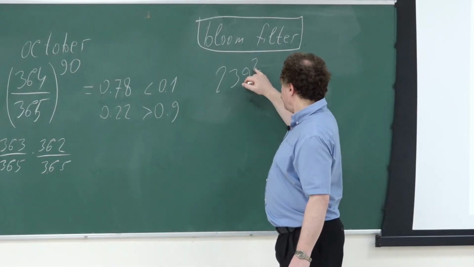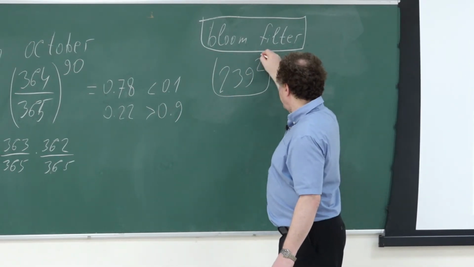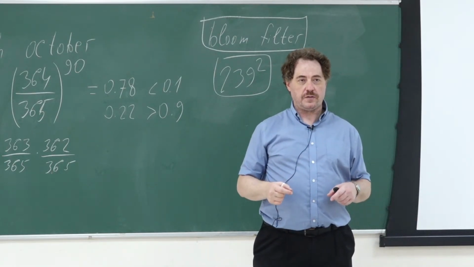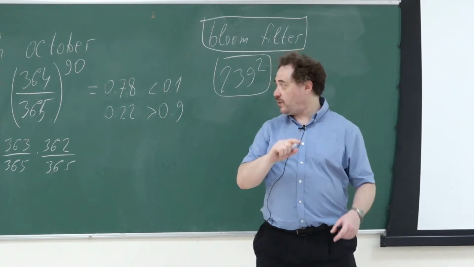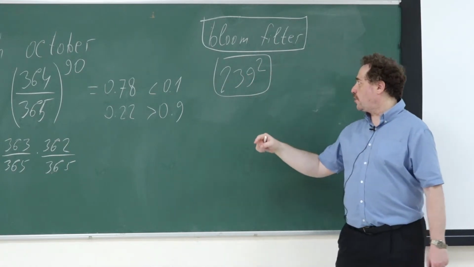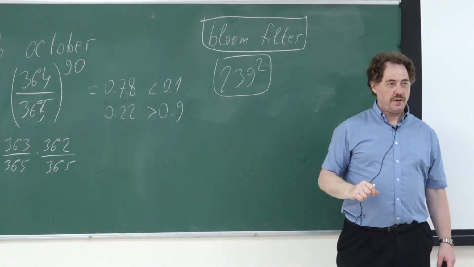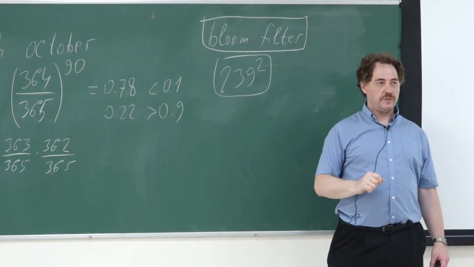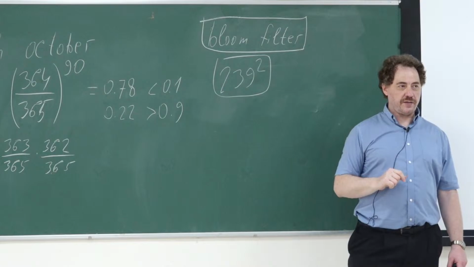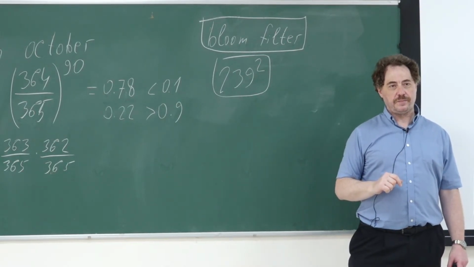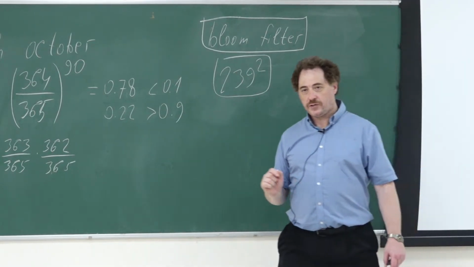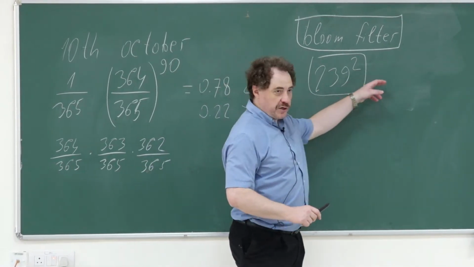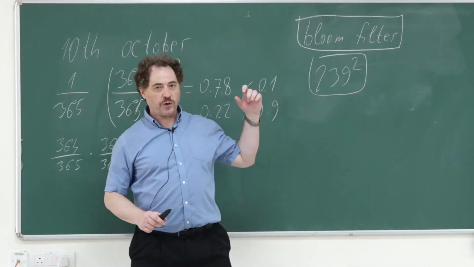If I give you that value and ask you to give me the factors, I'm not saying it's a square of some number, I'm saying it's a product of two numbers, give me those numbers, you would not be able to find those numbers easily. So that's a one-way function. Easy to compute in one direction, difficult to compute in the other direction.